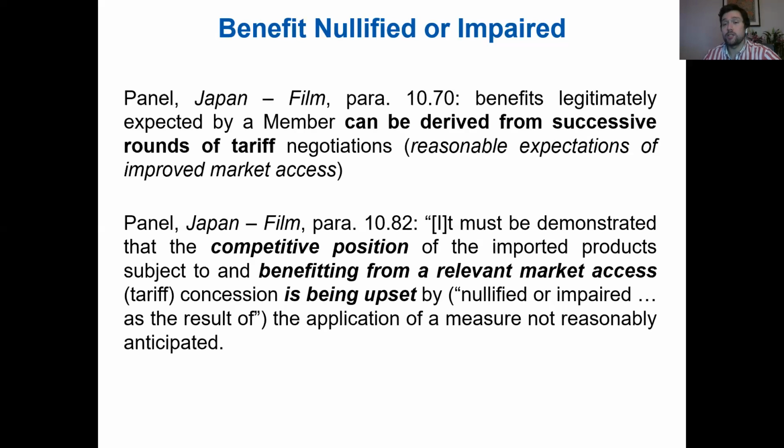So we would need to make some economic studies to demonstrate that as a result of this measure, our ability to enter that market has significantly decreased as compared to what was promised under the schedules and under the other obligations as part of the WTO single undertaking package.